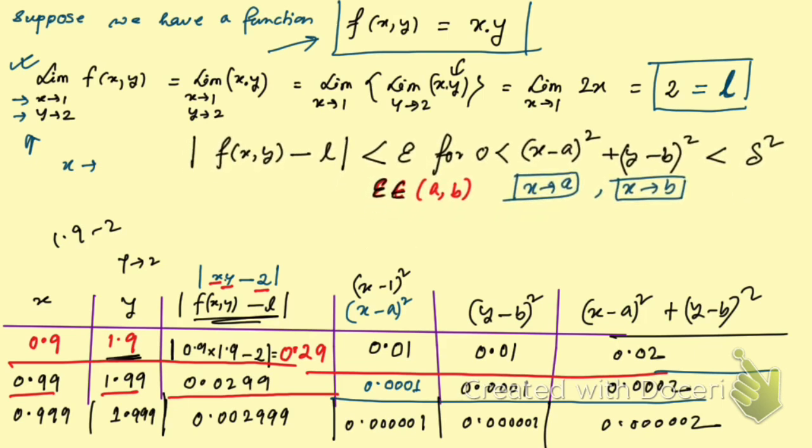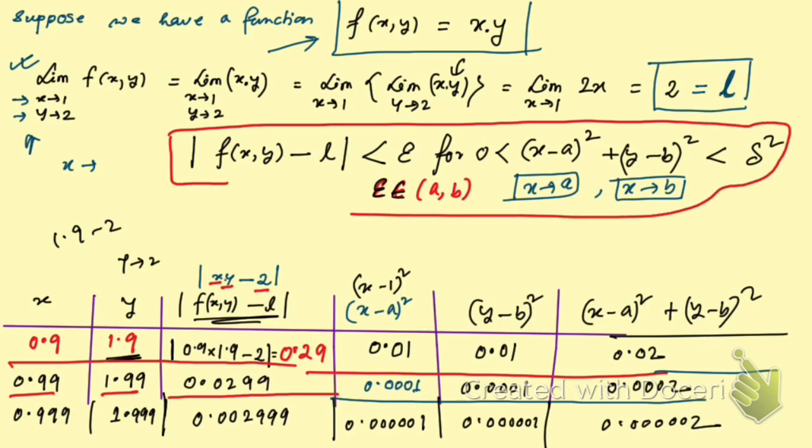Now let me take the first case, this one, and take a highlighter. Let me reduce the opacity. So this row first.